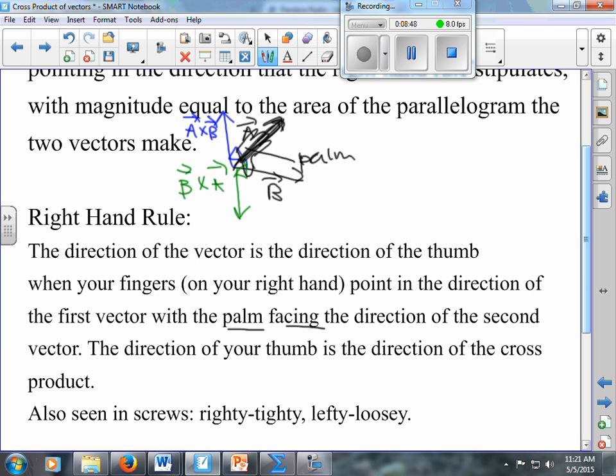If your palm is facing B, then your thumb is down. Oh, I did this backwards. A cross B points down. Look at that. So if you do A cross B, then you get the one that points down. And then if you do B cross A, you get the vector that points up. Okay? And that would be because now your hand is facing the other direction.